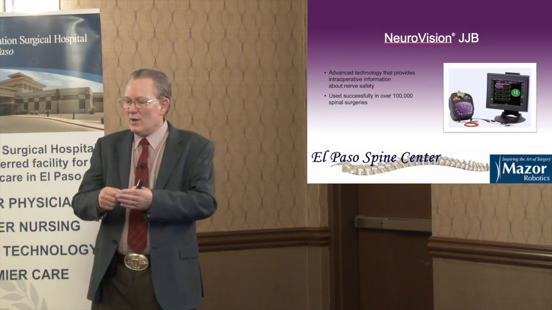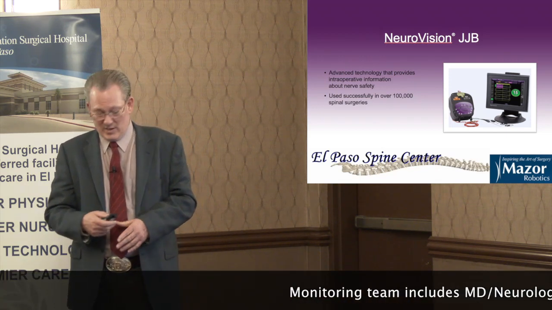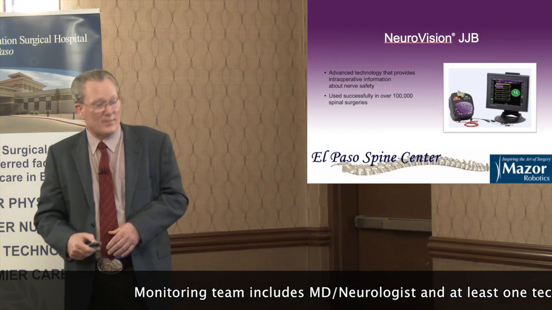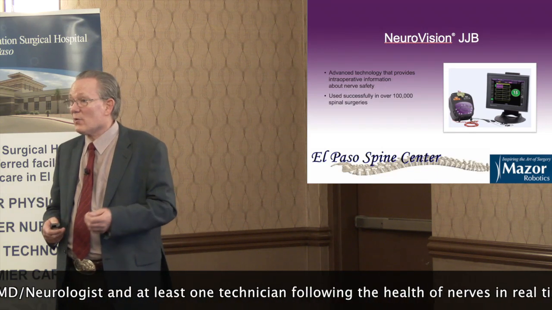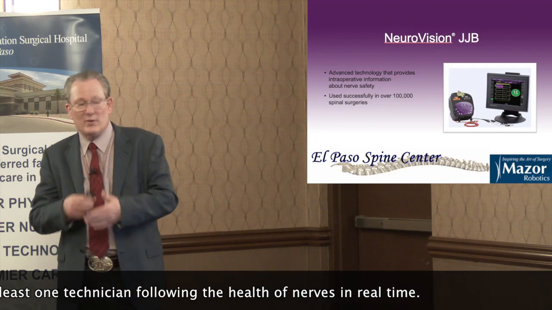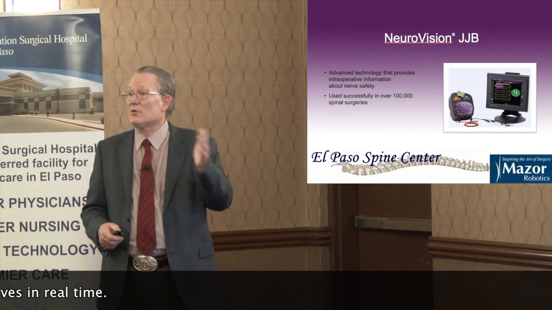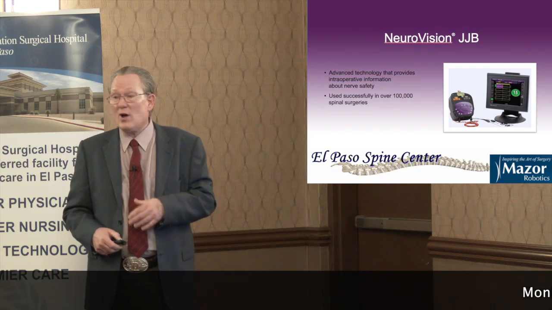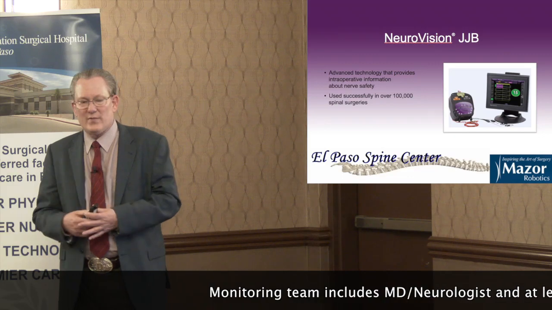So if I'm pulling some disc away from a nerve, at the beginning of the case, they have certain readings, and it may be red. It says the nerve's not working well. Well, as I'm pulling the nerves away, it changes. It'll go from red to yellow to green, and the overall health of the nerve will increase. So we get real lifetime feedback.